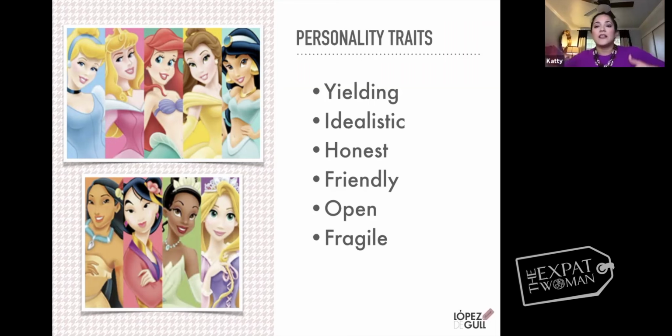All that helps to communicate the personal traits that they are yielding: idealistic, friendly, open, fragile. Everything they want to project with those characters, they do using color, design, and facial features.